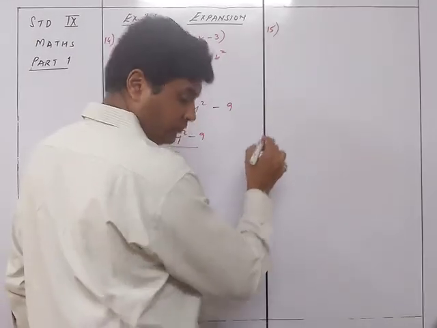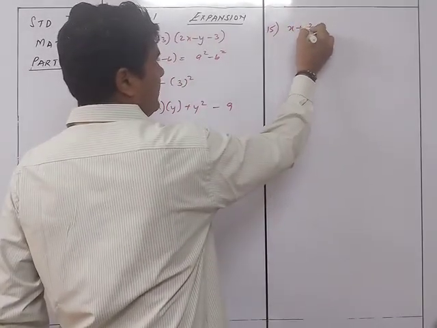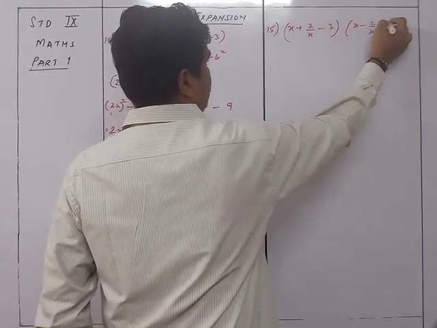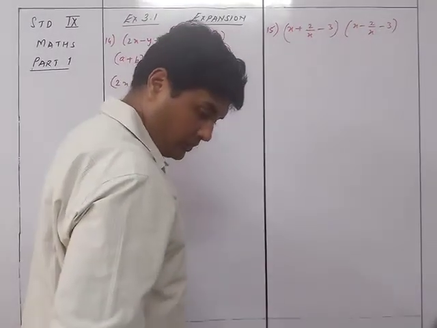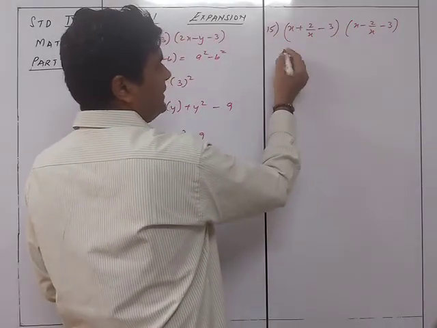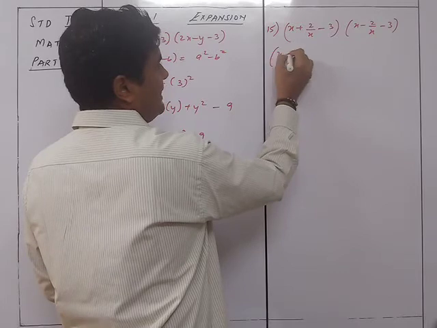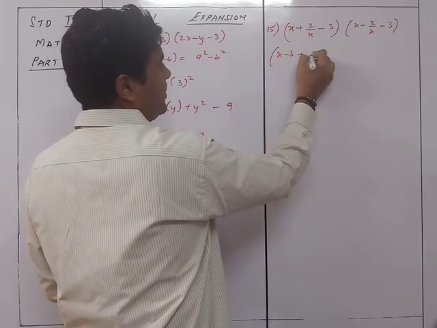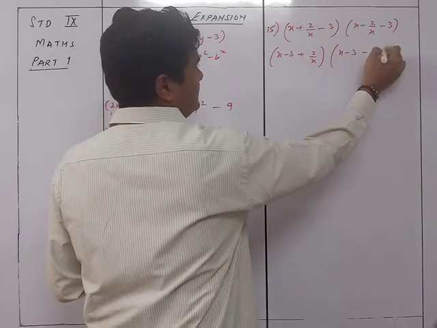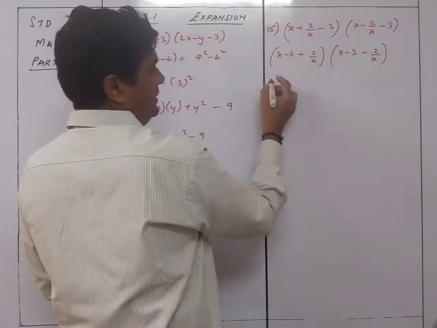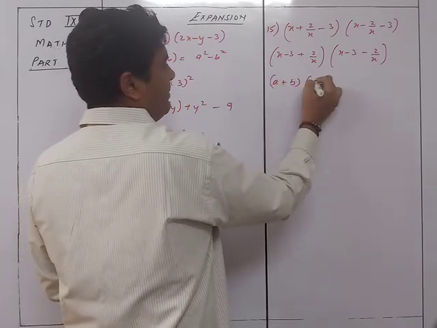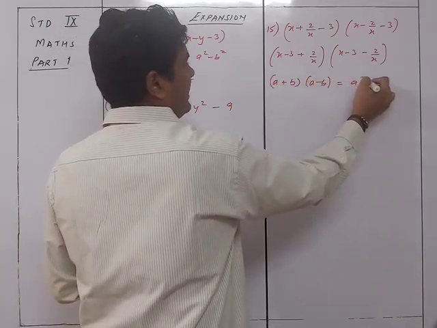It is (x plus 2 upon x minus 3) and (x minus 2 upon x minus 3). Okay, so what we'll do is that we will take x minus 3 as one part, so we'll take it this way: (x minus 3 plus 2 upon x) and (x minus 3 minus 2 upon x). So this is my a, this is my b. So accordingly, (a plus b)(a minus b) will be a square minus b square.